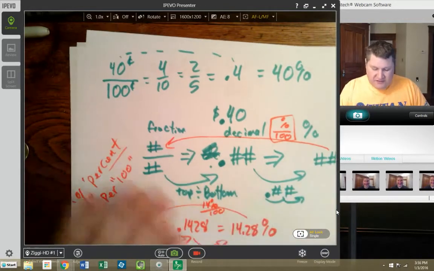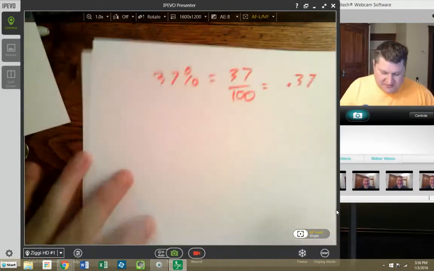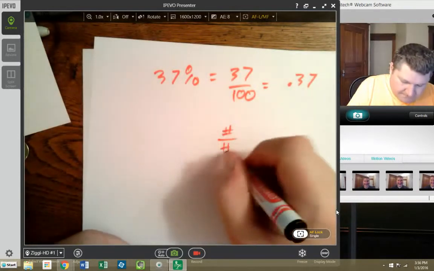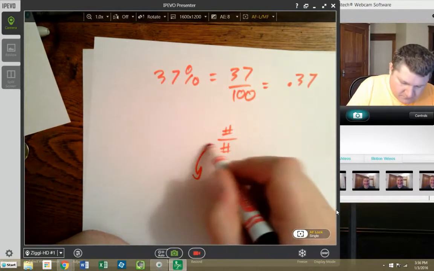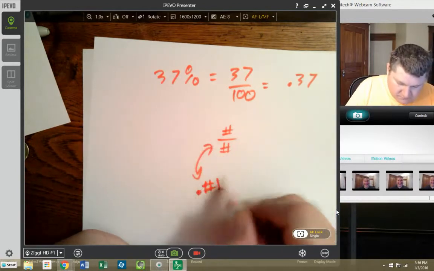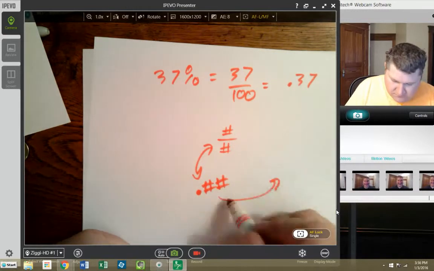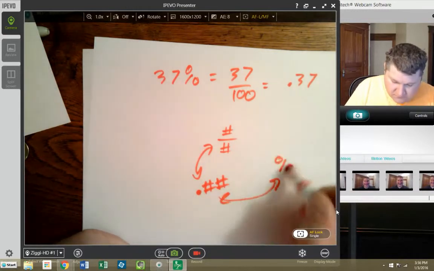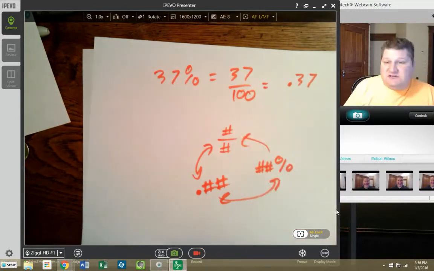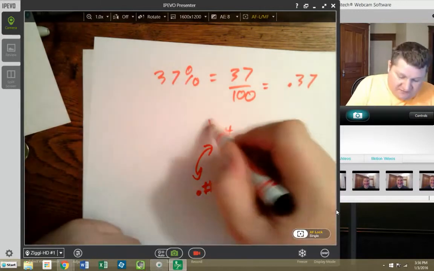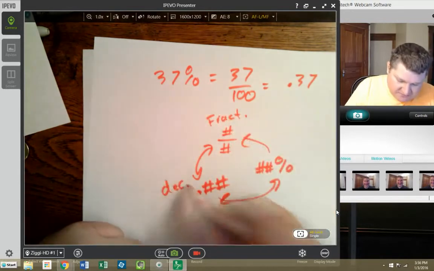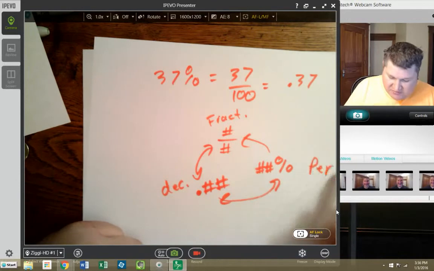I've written it as a line. It really looks like this. It really looks like a circle where you have fraction, and that fraction can turn into a decimal, and that decimal can turn into a percent.